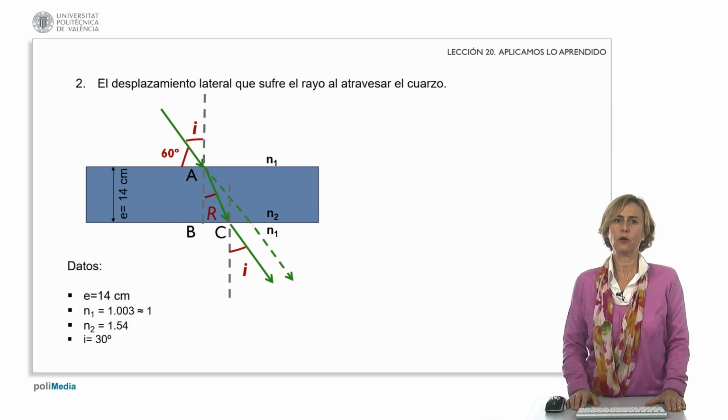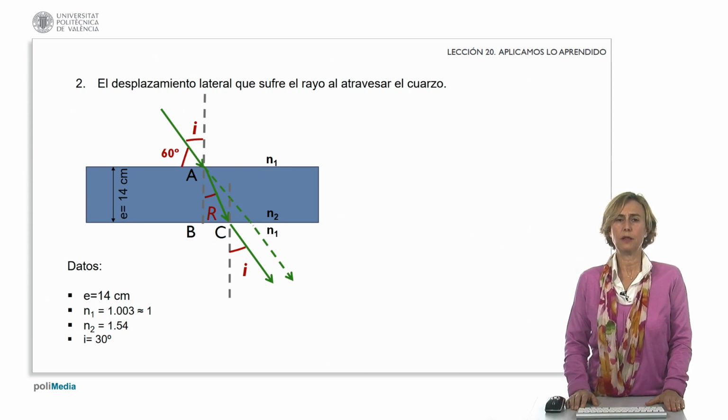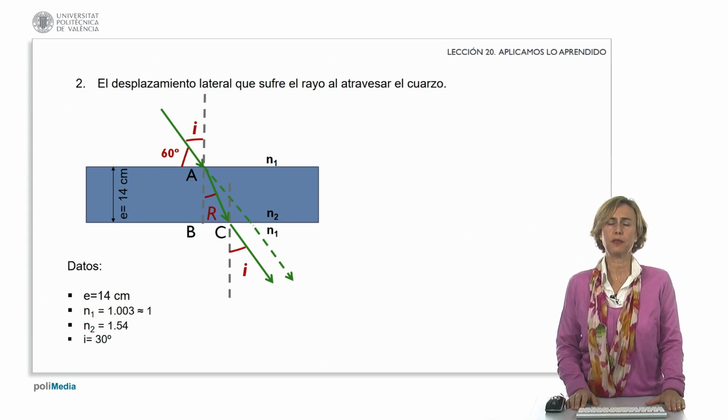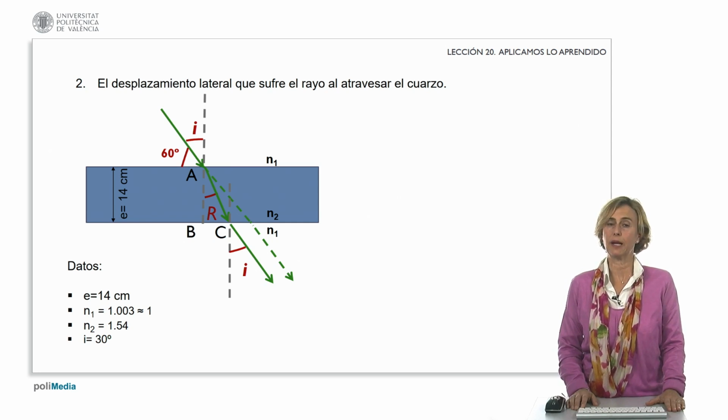Well, now what we want to know is the lateral displacement of the beam as it passes through the quartz. As can be seen in the drawing, the incident ray has a deviation with respect to the ray refracted through the second interface. It is parallel, since the incident and refracted angles in the last interface are equal, but nevertheless it suffers a small displacement. And that is precisely what we want to determine.